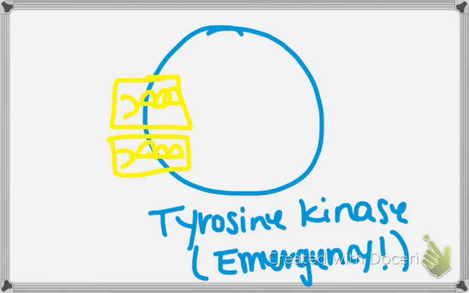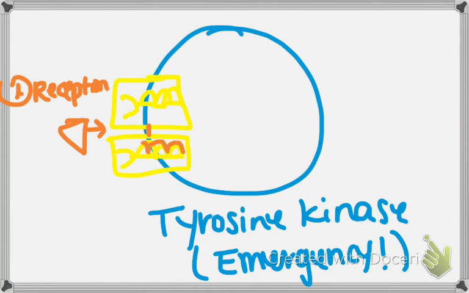So, but first, let's go over steps again. First of any signal transduction pathway, reception. Ligand's going to bind. Tyrosine kinase is going to slide together. As the signal, the message, keeps going down, those little humps, that message, because this is an emergency.